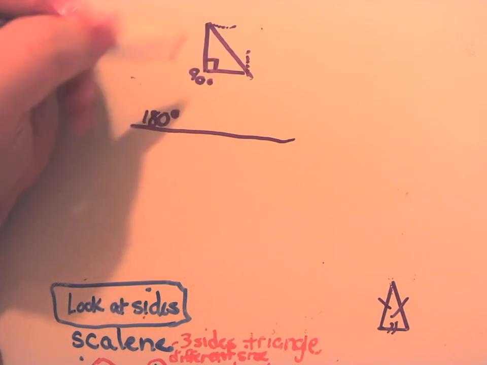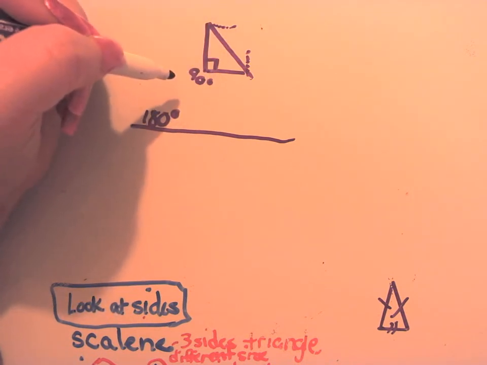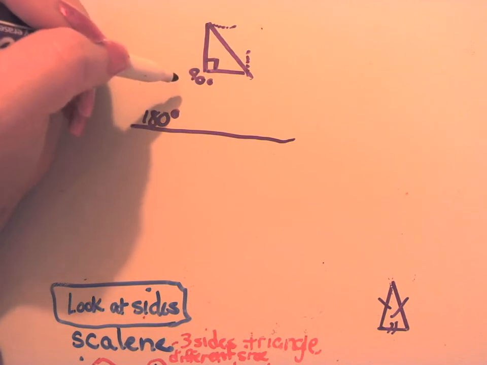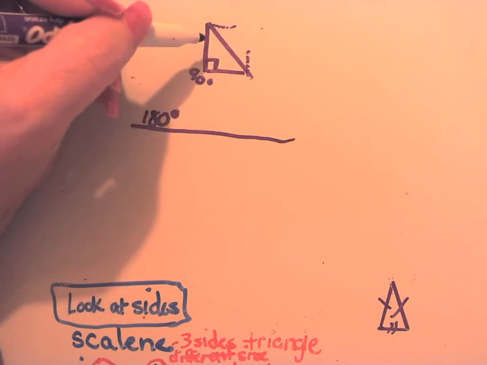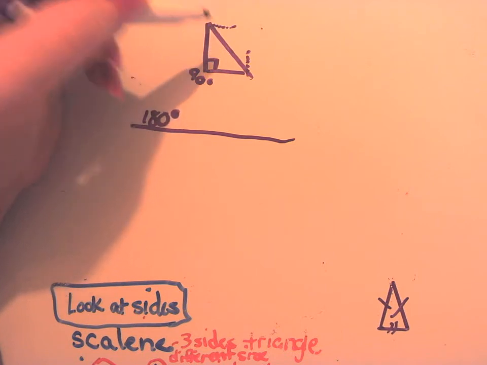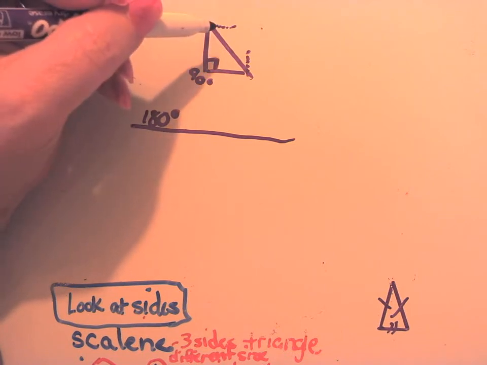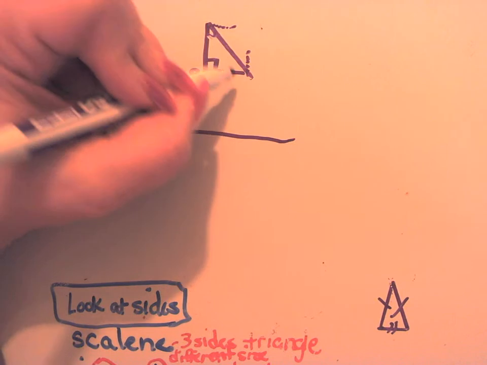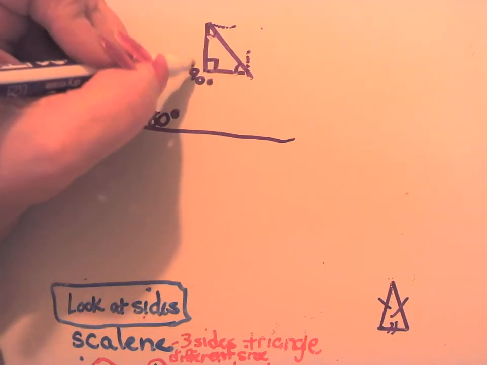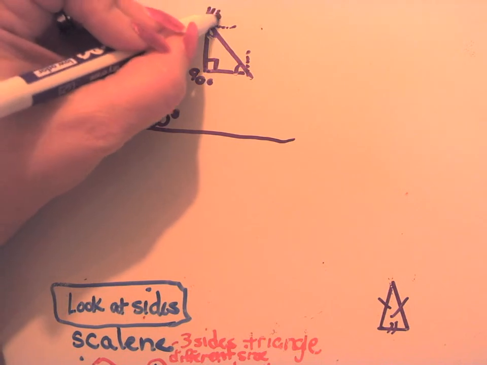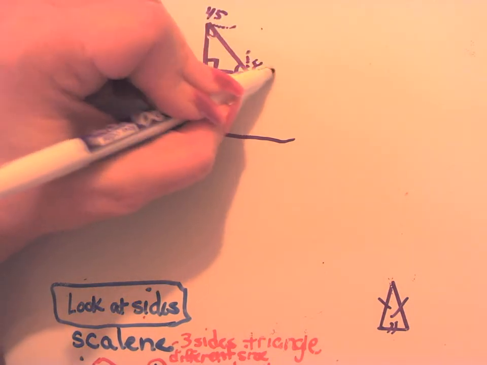If I have two right angles, I probably have a rectangle then, or I would have four right angles, right, and get a square. So the answer to that question is definitely no. We can't have two right angles on a triangle because they have to equal 180 degrees, and it's only 90 degrees here, so this should be a 45 degree angle, and this should be a 45 degree angle.